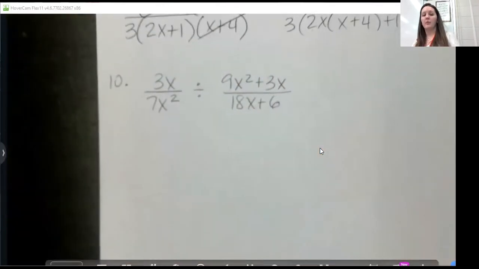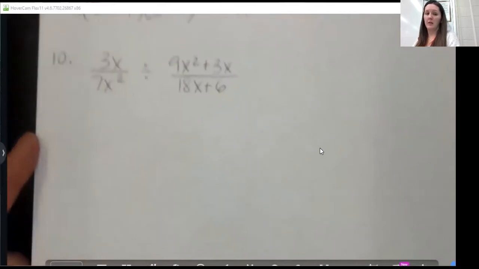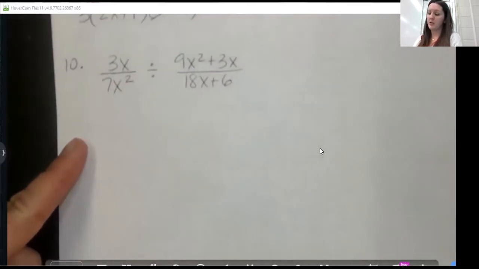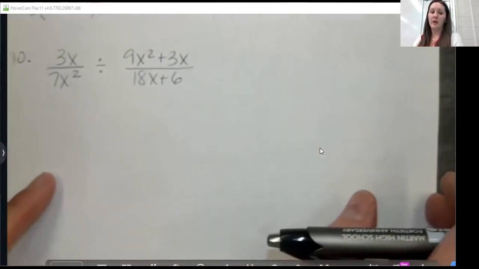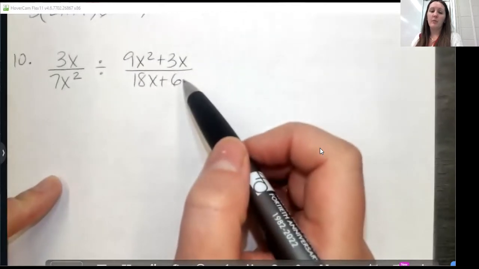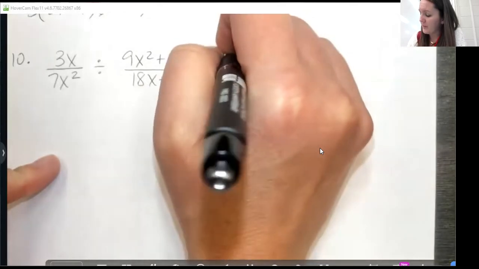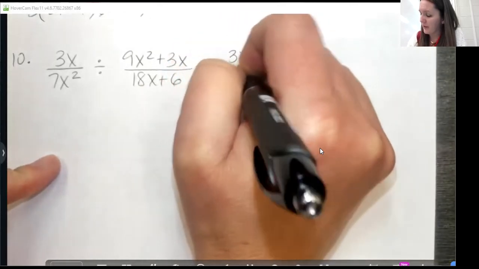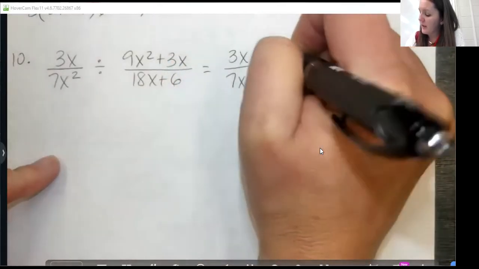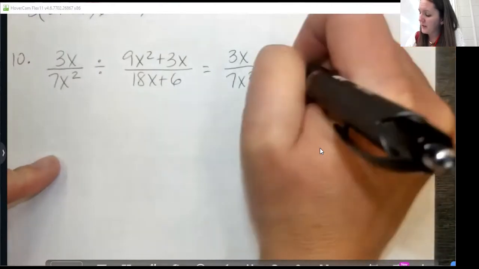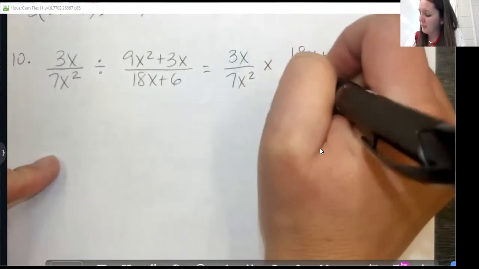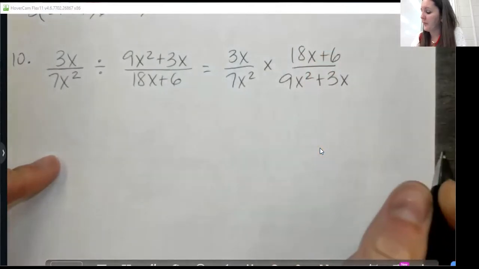All right, now we're going to factor. And how do we divide rational expressions? We multiply by the reciprocal, right? So this becomes 3x divided by 7x squared times 18x plus 6 divided by 9x squared plus 3x, right?